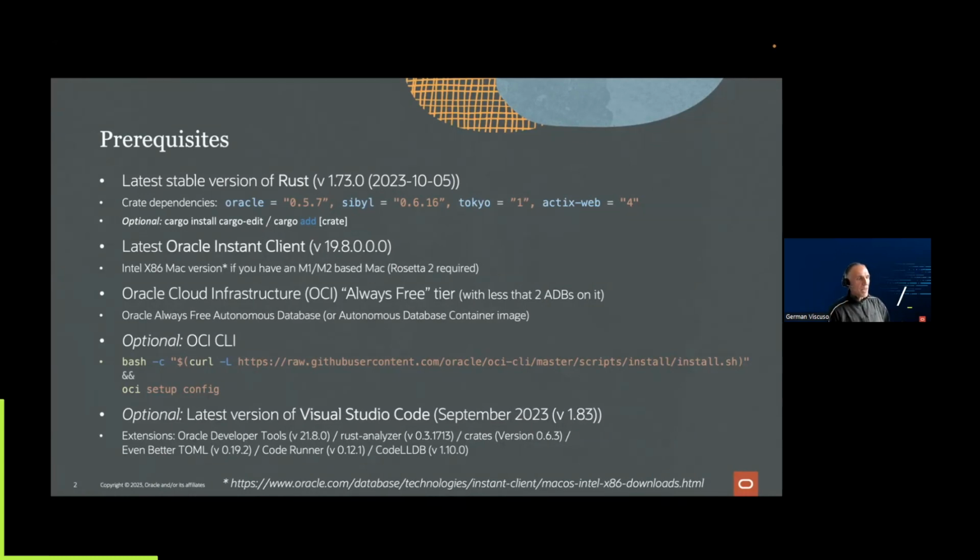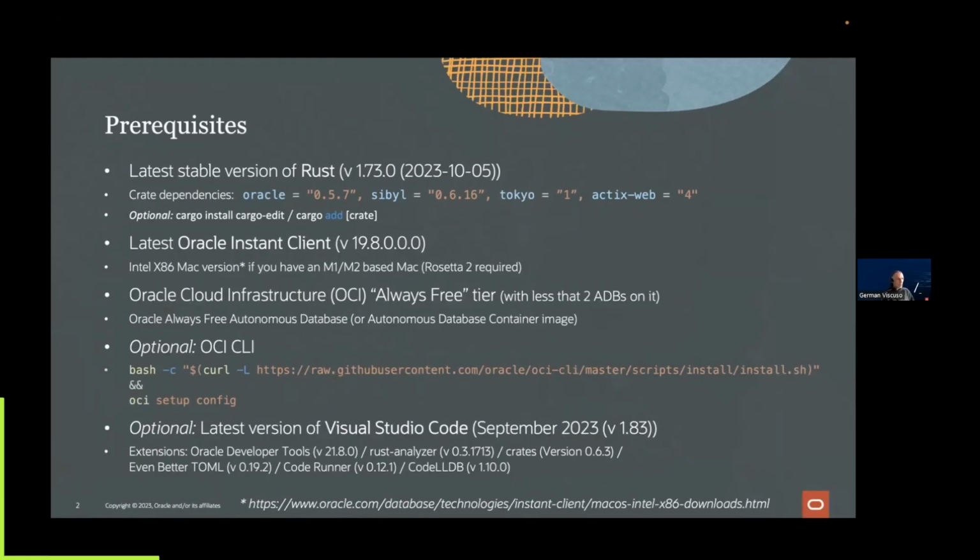Now, optional, I like to install the OCI CLI. The OCI CLI is pretty cool because it allows me to set up an OCI configuration that the Visual Studio extension, the Oracle Developer Tools, will use right away. So if you configure the OCI CLI, with these two lines, the first line, the bash line, is installing the OCI CLI, and the second line is configuring it.